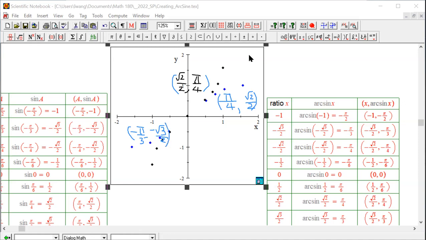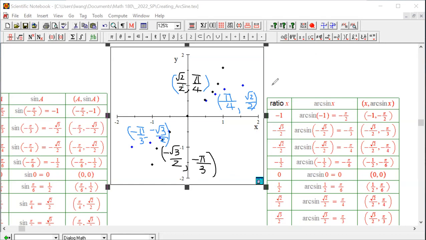The black one here is negative root 3 over 2, comma, negative pi over 3. So this blue is on the sine curve. The black is the arcsine curve. You can see the coordinates are just, remember when we find inverse, we swap the input with the output. That's what happens here.